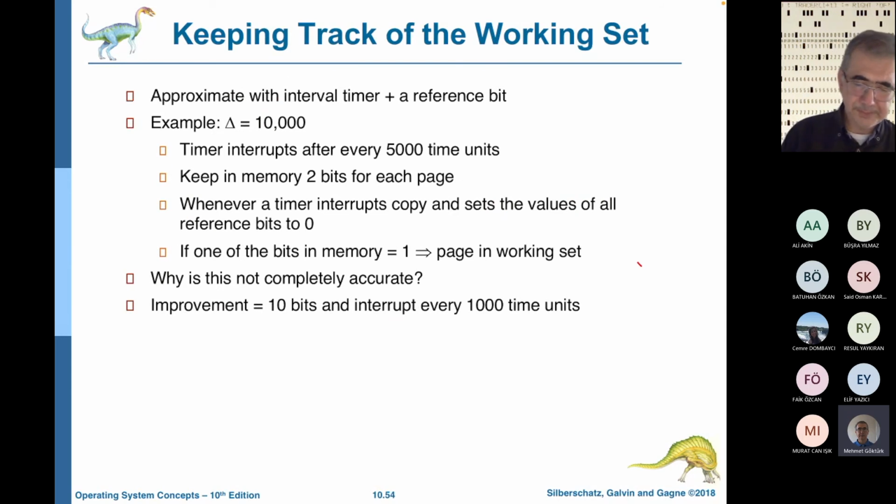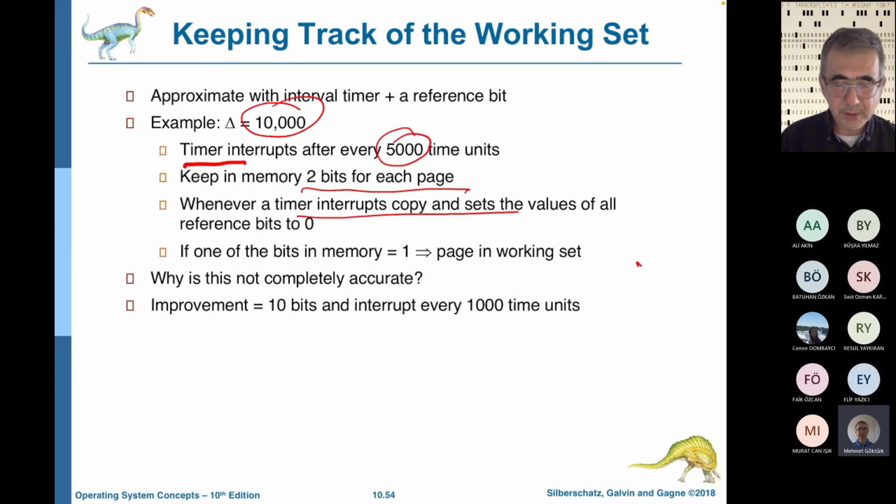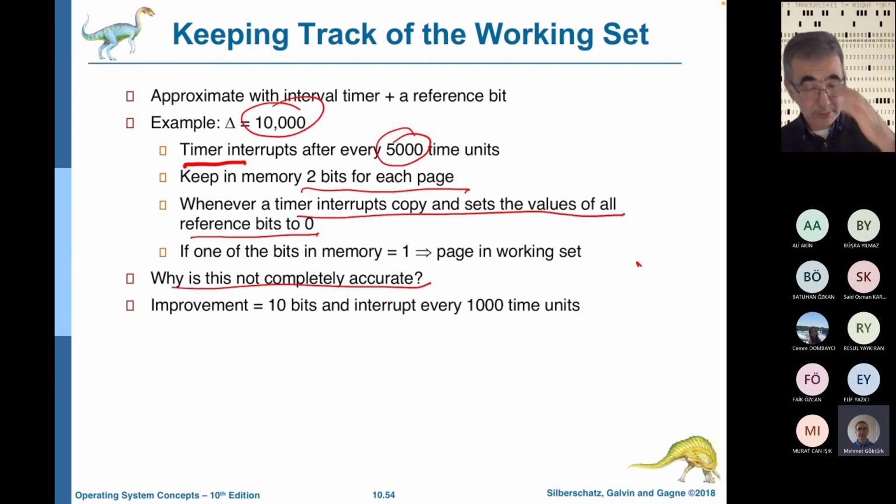Example of this: delta is 10,000. Every 5,000 time units, a timer interrupts. So 2 bits for each page. When the timer interrupts, copy and set the values of all reference bits to 0. So it is not accurate because there is only a 10,000 working set size.